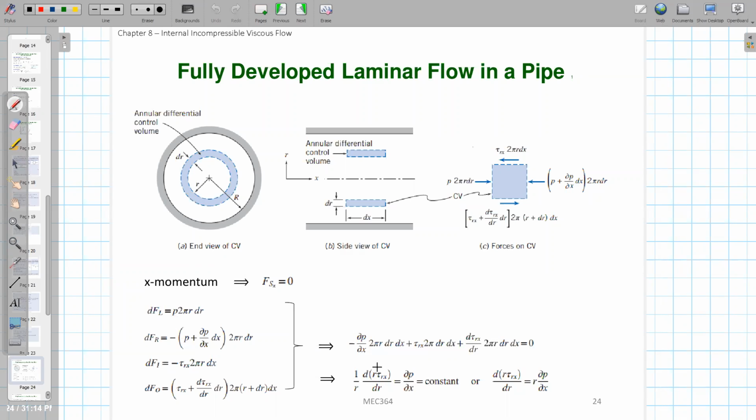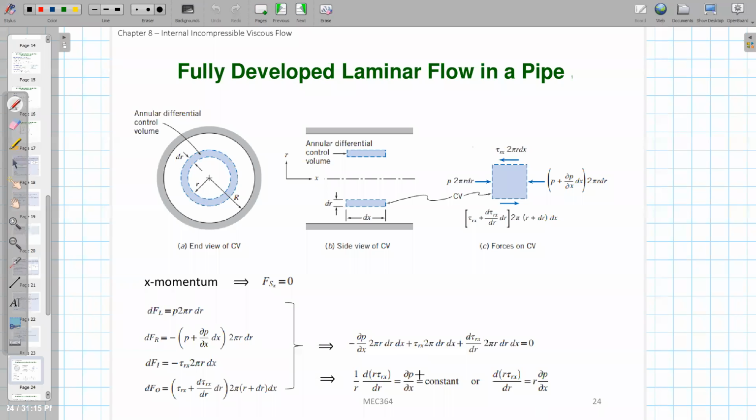Okay, if you take a look at this equation, the left hand side is only a function of r, and the right hand side looks like it should be only a function of x. A function of only r equal to a function of only x, the only possible way is that they are both equal to the same constant.